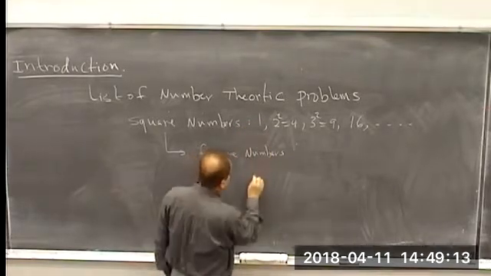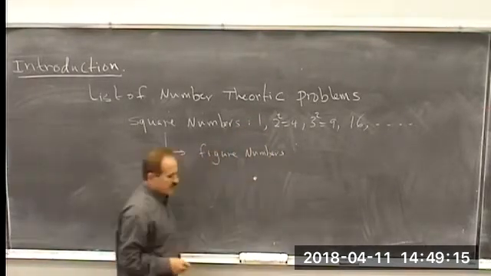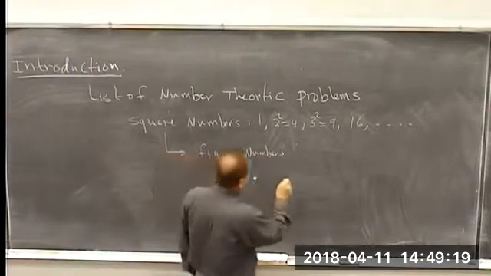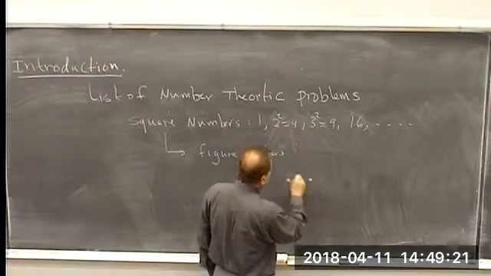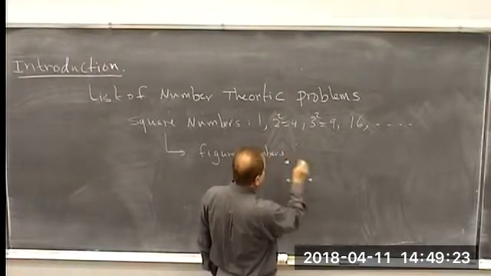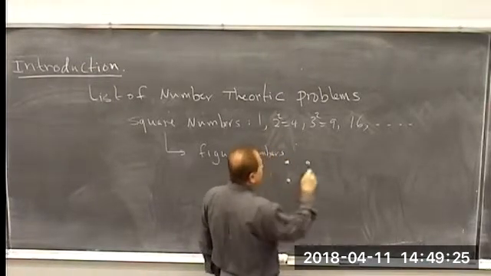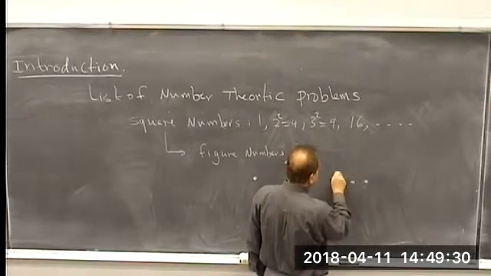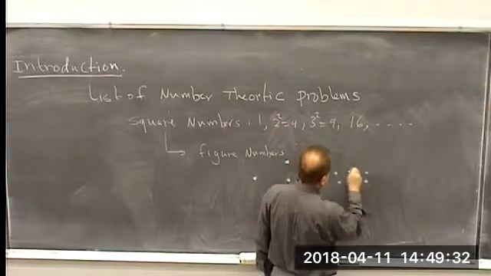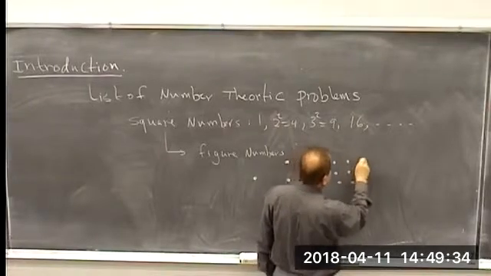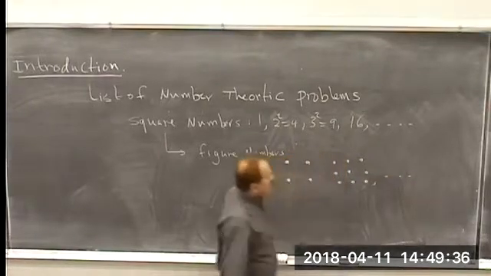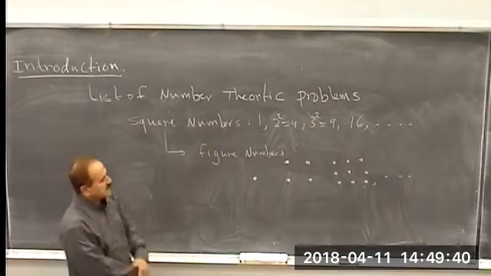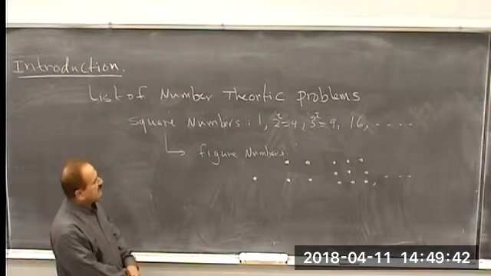For 1, of course, we just have the generic kind of square. And then 4, we make a square. And for 9, see 1, 2, 3, 1, 2, 3. So we have 9 dots, and so on. So the square numbers are figure numbers which can be represented geometrically like this.